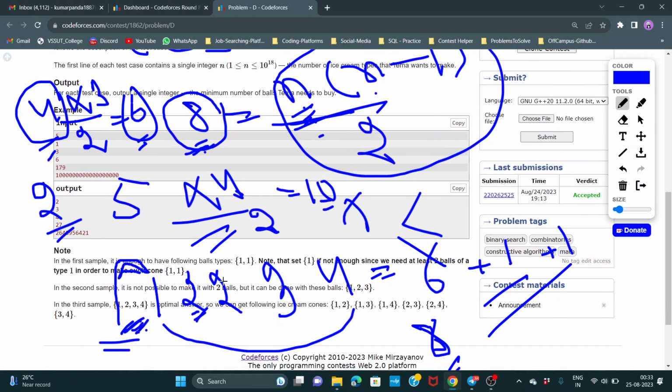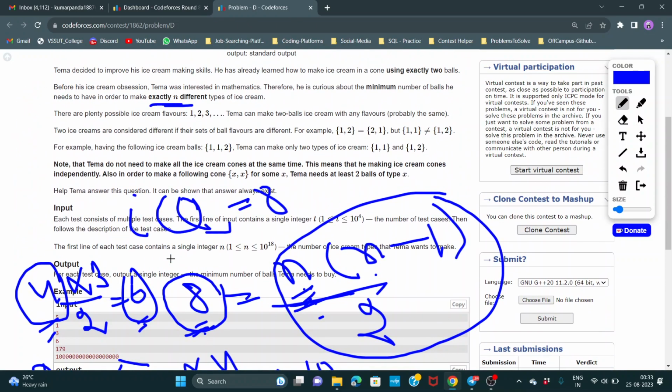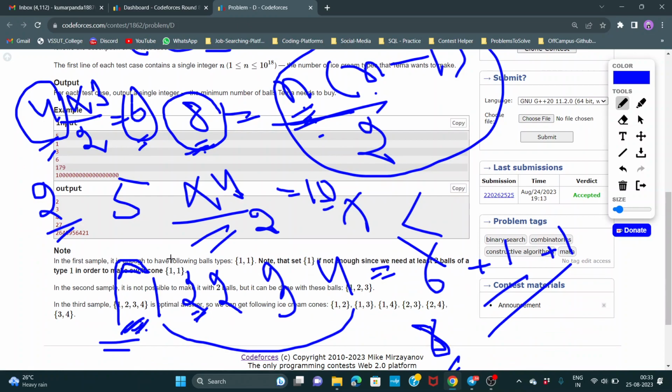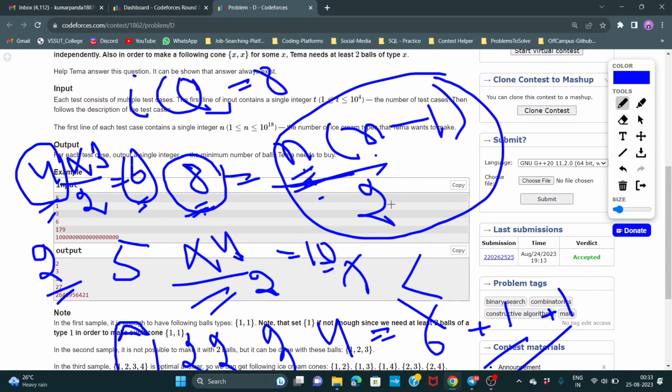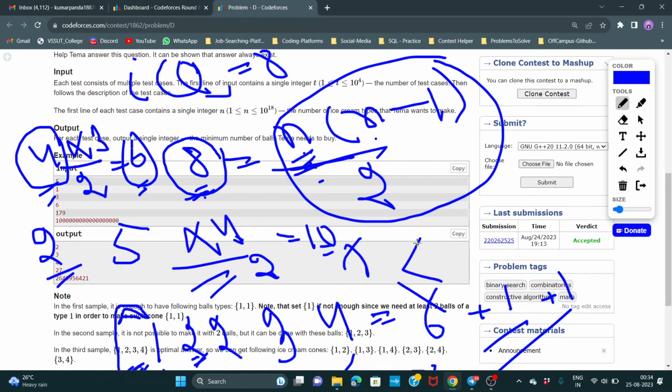After finding that, you have to calculate the additional amount.